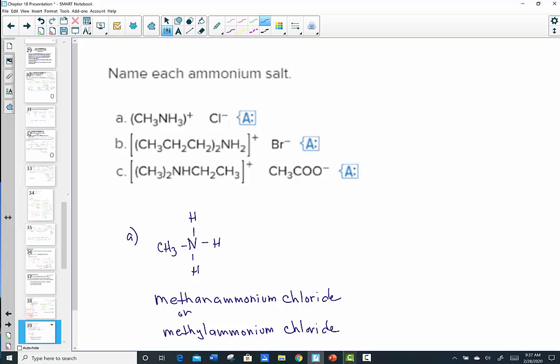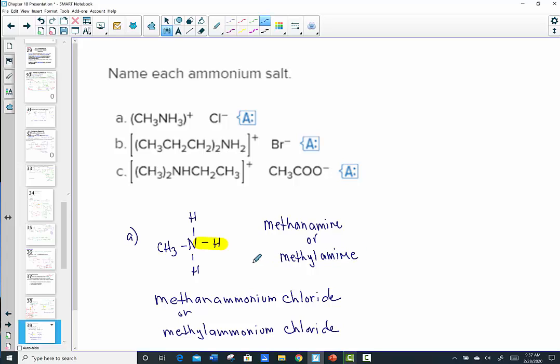Now let's review how I got that. Remember, it said to ignore the 4th bond and find the parent amine. The parent amine would be called methane, and then lop off the E and put amine, or methylamine. It has a common name as well as an IUPAC name.